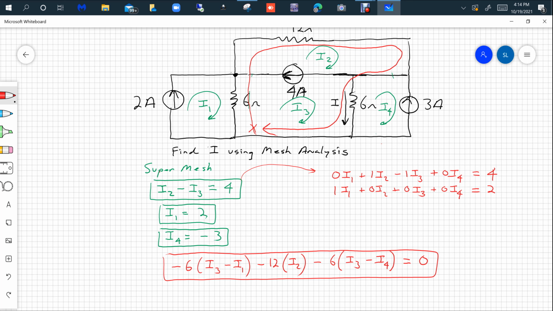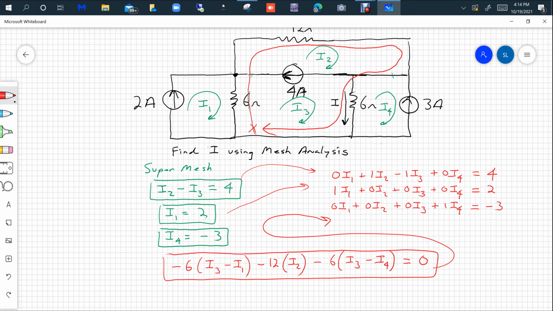Take a look at that. That's your standard form for that equation right there. This one down here, the third one, is a 0 I1 plus 0 I2 plus 0 I3 plus 1 I4 equal minus 3. And then simply get this last one in a standard form.